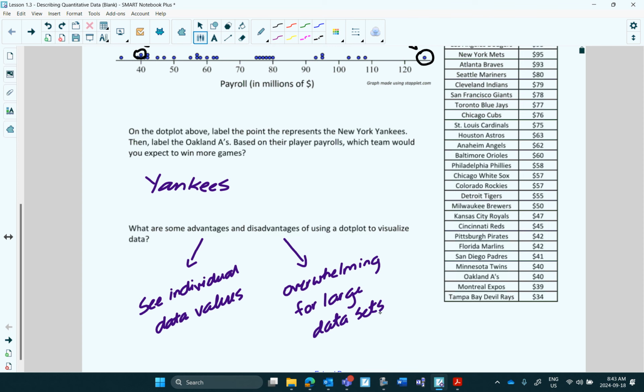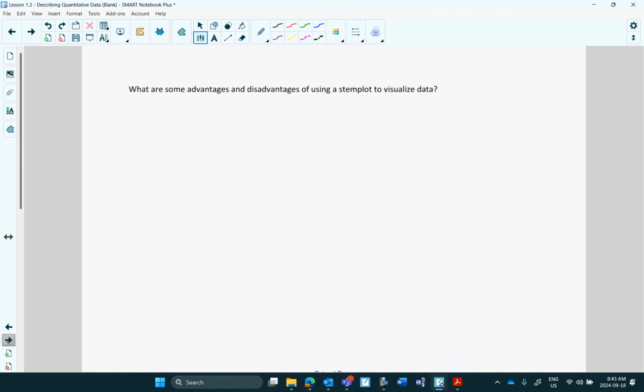There are programs that will automatically generate a dot plot for you, like we did with that hiring discrimination activity, but you still have to enter all the values, so it can be a little bit cumbersome that way. But it does show distribution nicely, and we can analyze certain things nicely that we're going to do later in this lesson. So that's a quick review of the dot plot.